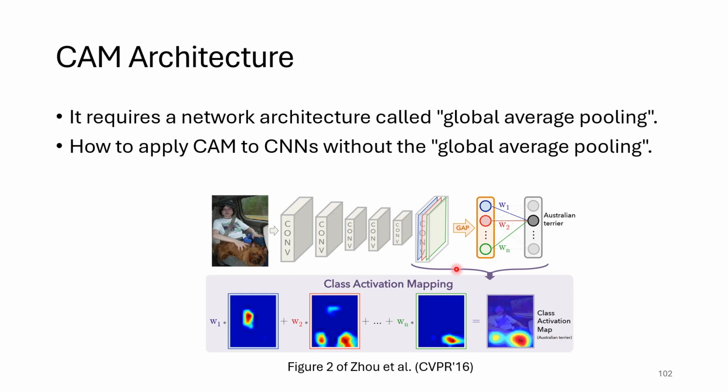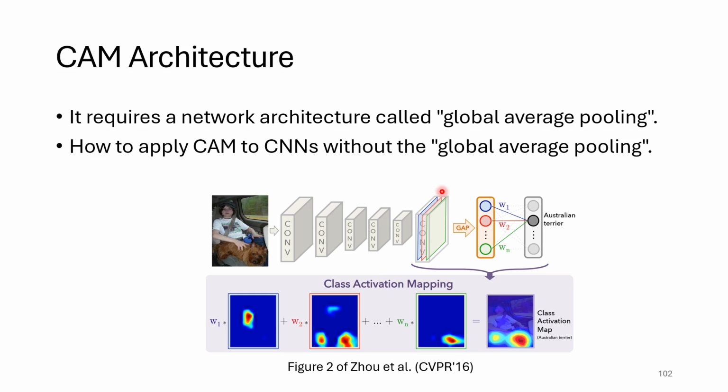But the key point is you need a global average pooling layer at the end of the architecture. Otherwise, you cannot do the CAM.